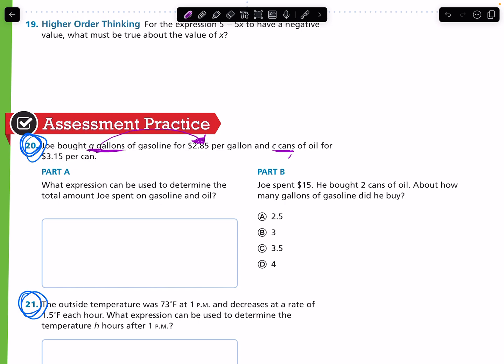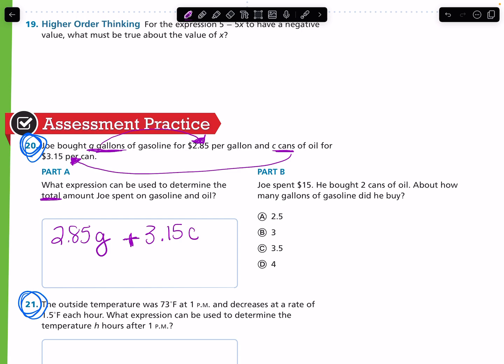C cans goes with the cost per can. So obviously, it's saying what expression can be used to determine the total that they spent on gasoline and oil. So there's going to be a plus situation. And if he is doing $2.85, that goes with the G. And $3.15 goes with the C.